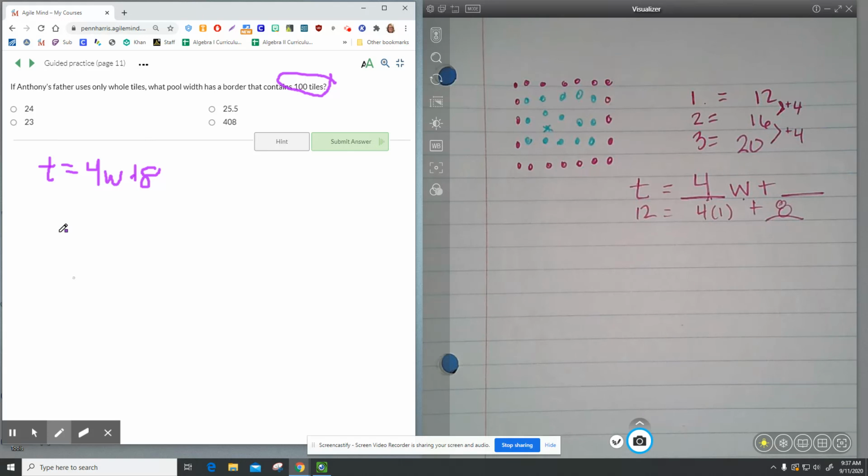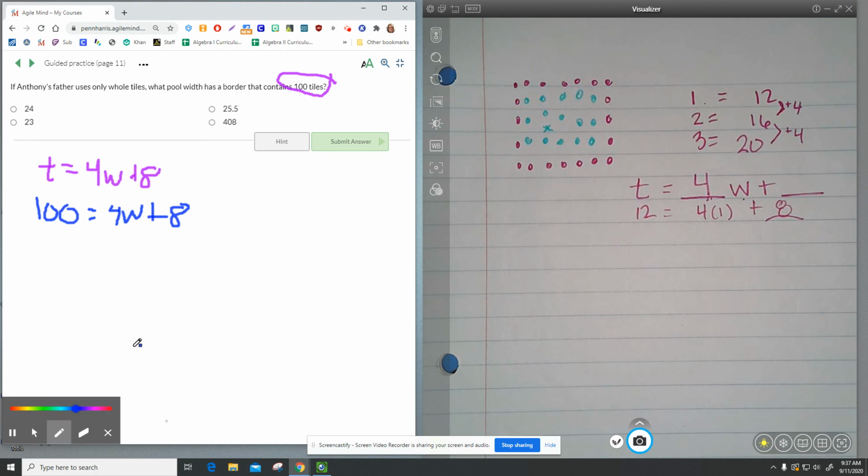Okay, so what I'm going to do here, instead of this 100 going in the width, that 100 goes in the tiles now. So we're going to say 100 total tiles equals 4W plus 8.